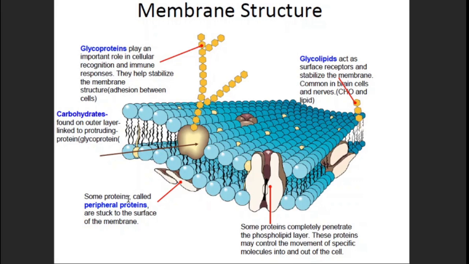Proteins which are not directly embedded inside the membrane are referred to as peripheral proteins. They are stuck to the surface of the membrane. While some proteins, as in this case, are transmembrane proteins. Transmembrane means they can traverse across the membrane.